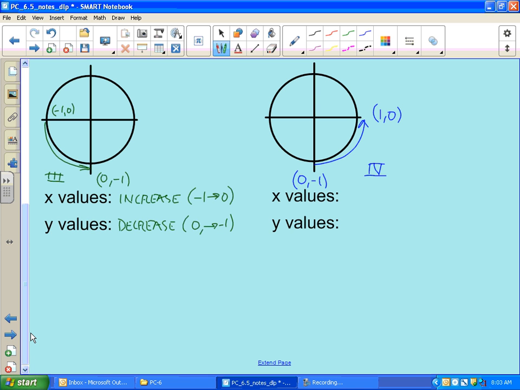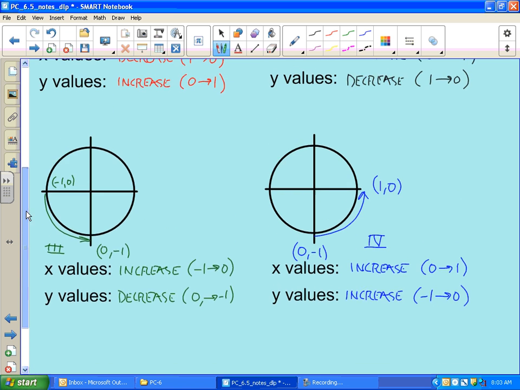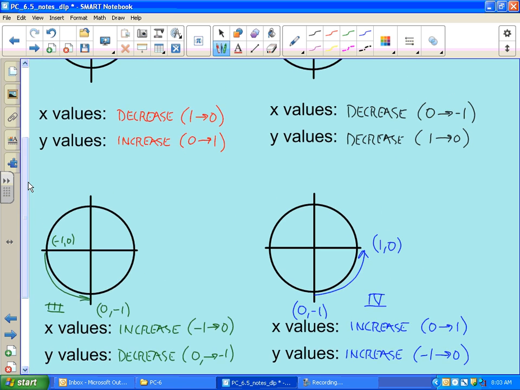X values continue to increase as I move along that arc of the circle, this time increasing from 0 back to 1, and y values also increase, this time from negative 1 back to 0. So that's what's going on in all four quadrants for our sine and our cosine functions. And again, this will be helpful when we look at the graph.